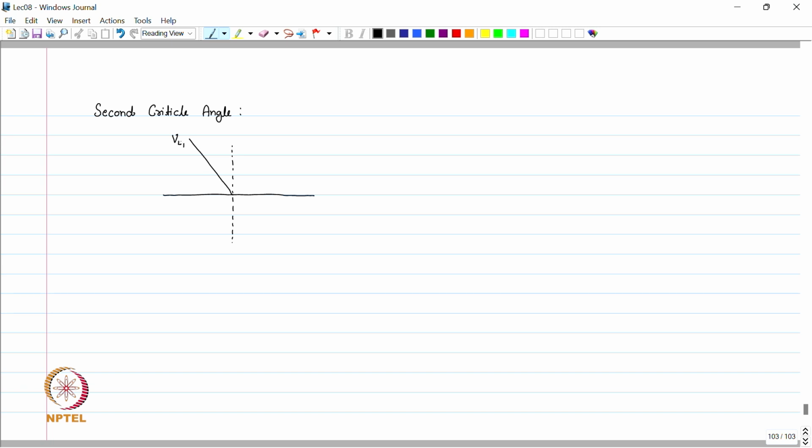V is the velocity, L is for the longitudinal wave, and 1 is medium 1, and this is medium 2.